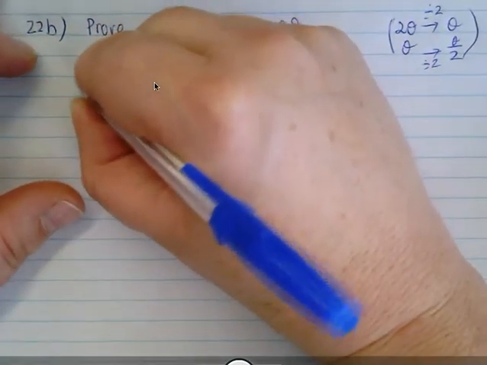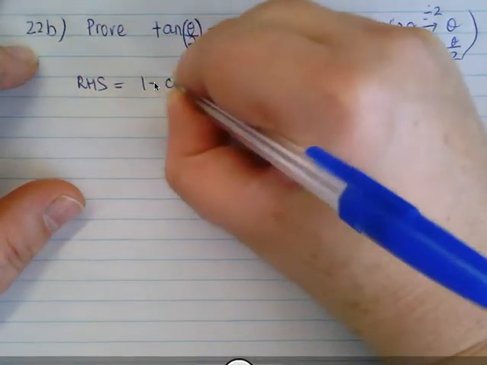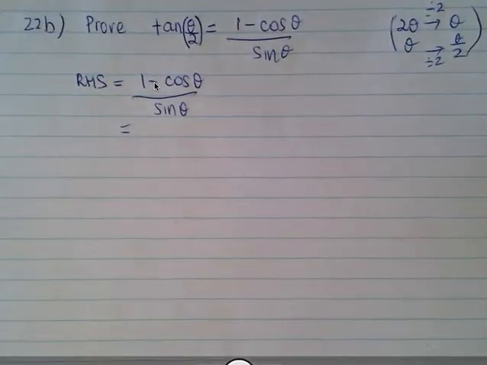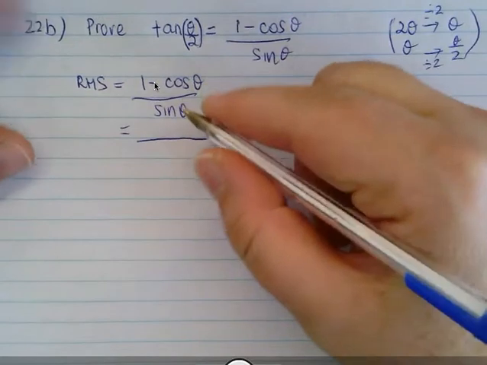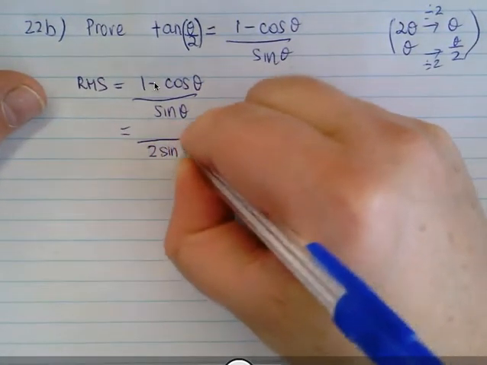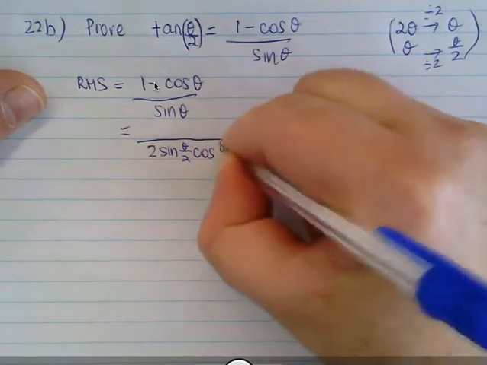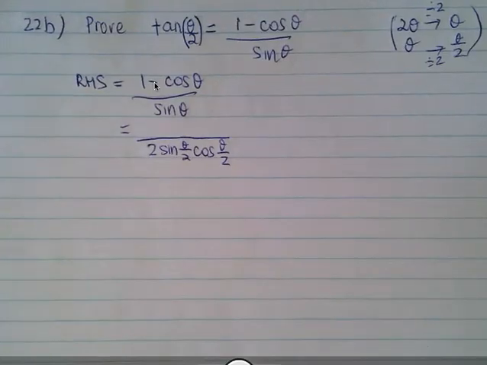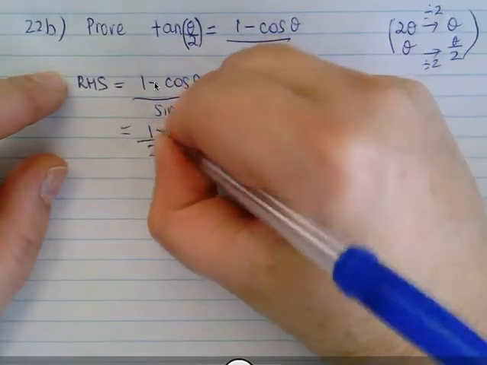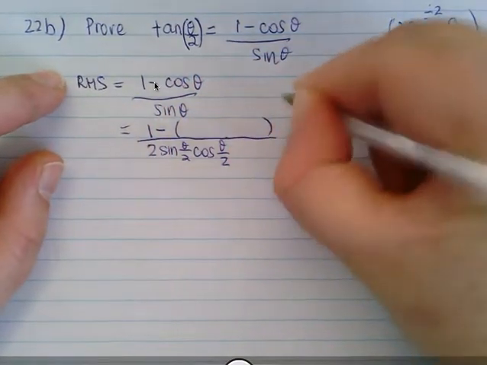I'm going to start with my right-hand side, which is 1 minus cos theta over sine theta. Now I need to use the double angle result for cos theta and for sine theta. The double angle result for sine theta, there's only one that I will use, and it'll be 2 sine theta on 2 cos theta on 2. That's the only one there is. But because I have a 1 on the numerator, be careful because it's 1 minus.